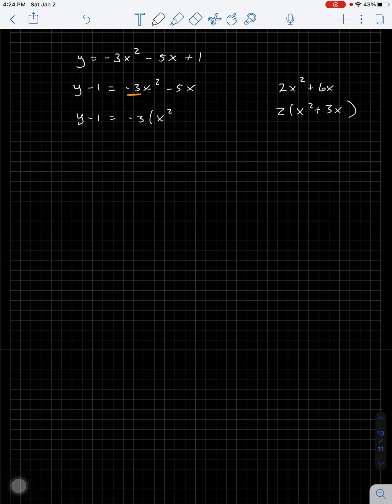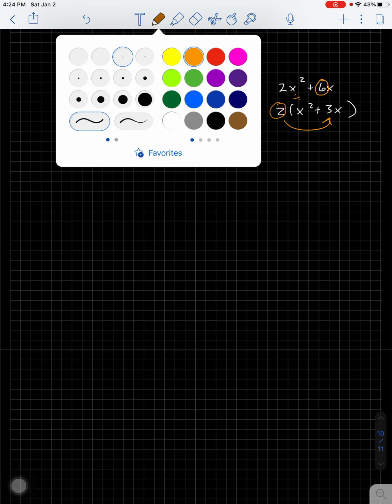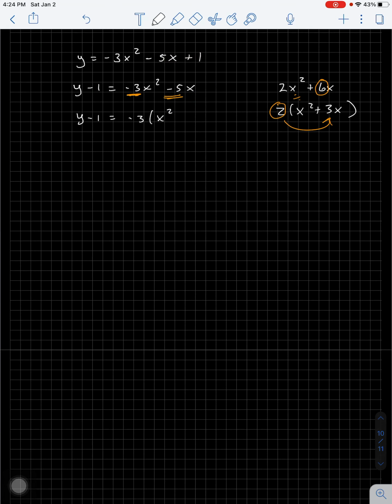But what's really happening is I'm taking this 6 and I'm dividing it by 2. That's how I'm getting the 3. So when you're not sure what factors, I'm taking a negative 3, how does that factor out of a negative 5? All you're doing is dividing it. So what's negative 5 divided by negative 3? Well, that's a positive 5/3 x. Okay.